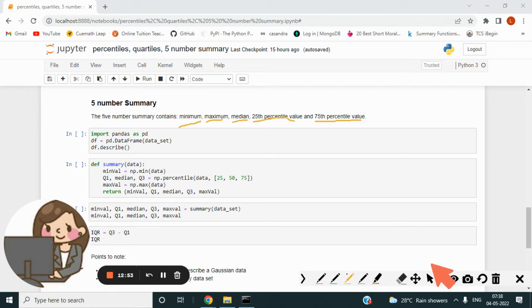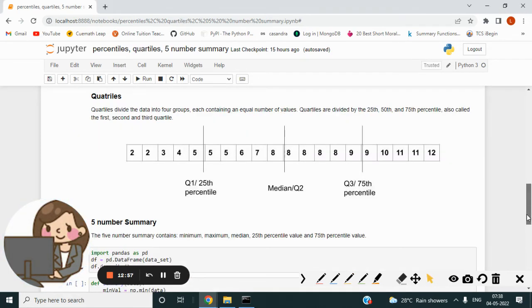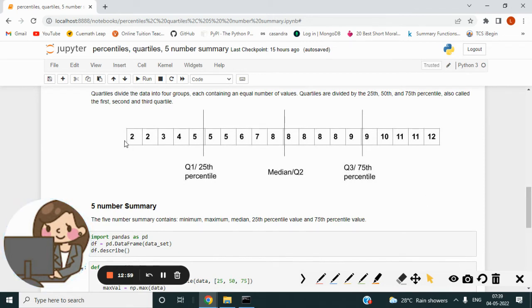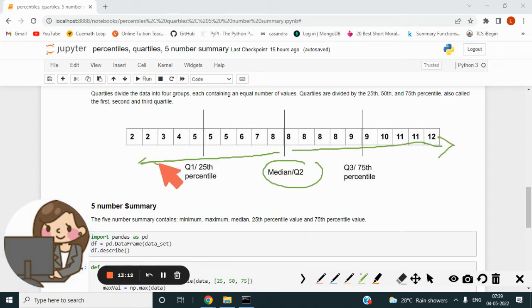In order to find the 25th and 75th percentile, there is another method. You divide the entire data set using the median. So here we have divided the data set using the median. We know that 50% of the values lie above it and 50% lie below it.